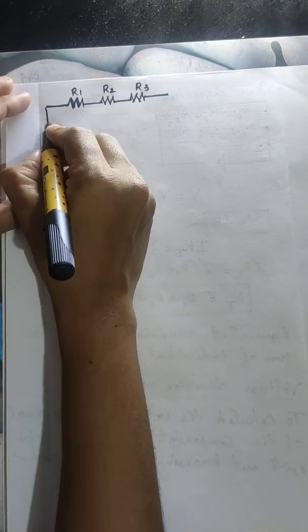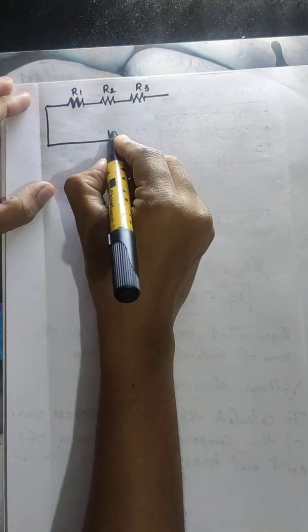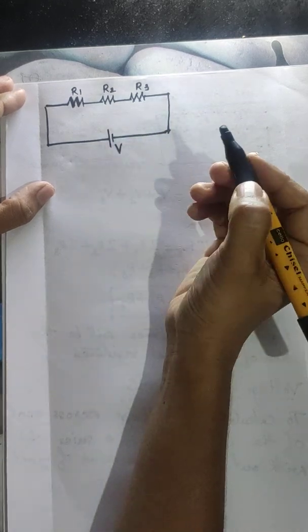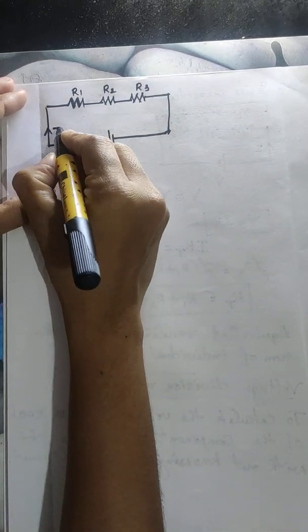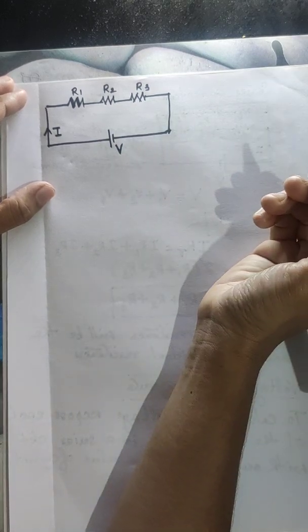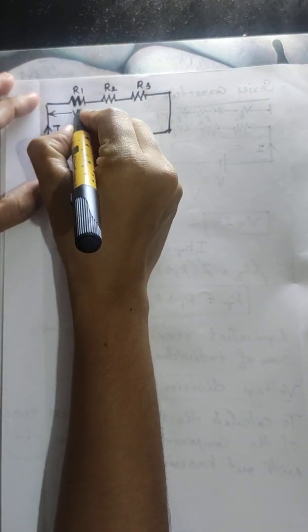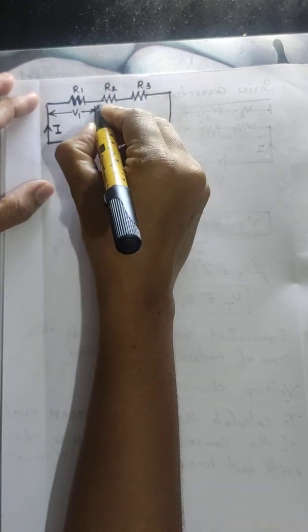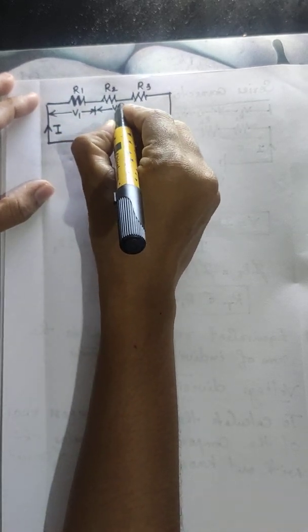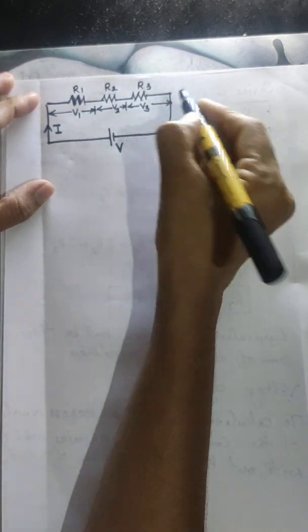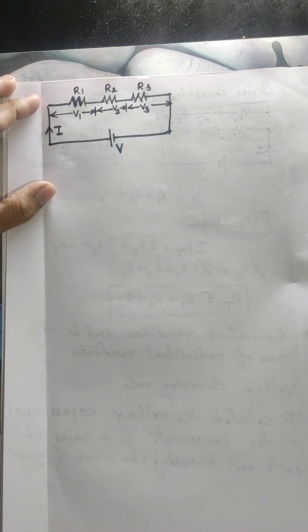And we are applying a total voltage of V across this series combination of resistors, and I is the current flowing through these resistors. V1 is the voltage across R1, V2 is the voltage across R2 and V3 is the voltage across R3.